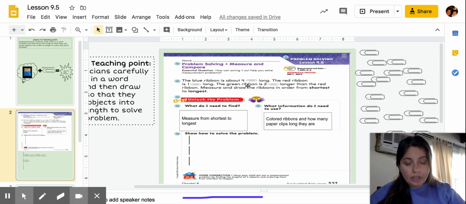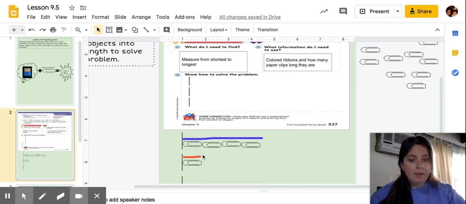The green ribbon is 2 paper clips longer than the red ribbon. Ooh, that's tricky because it's not saying that the green ribbon is 2 paper clips long. It's saying that it's 2 paper clips longer than the red. So I know the red is 1 paper clip long.